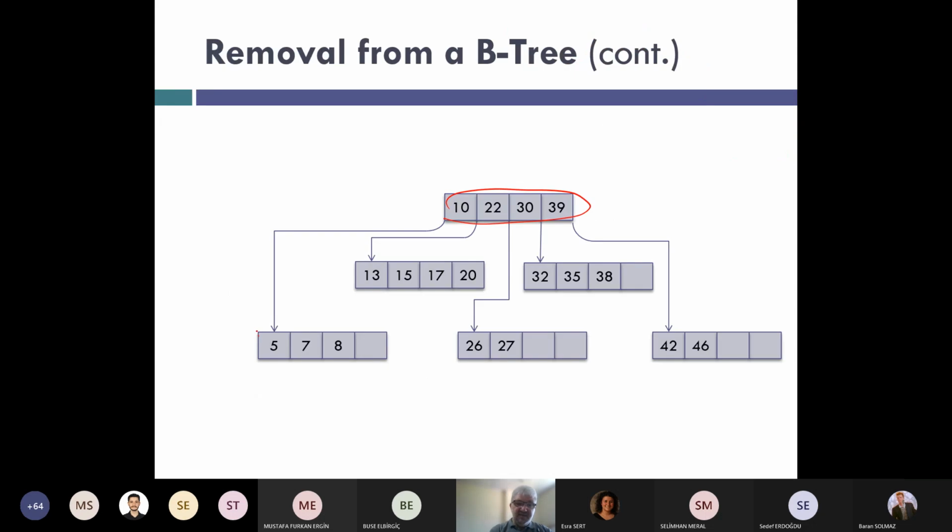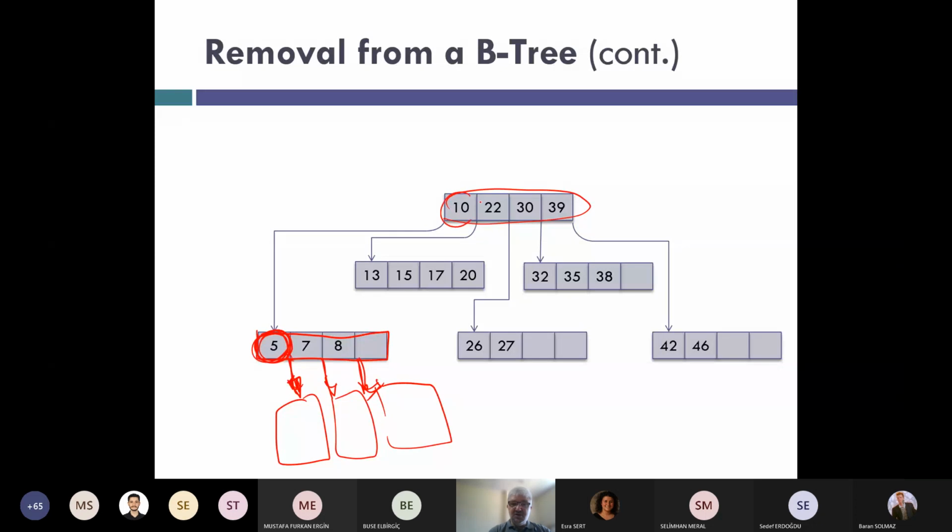Actually, for the leaves, as you see, we do not store any child information. So we can store the key here, and the address for this key information can be stored in these child positions.